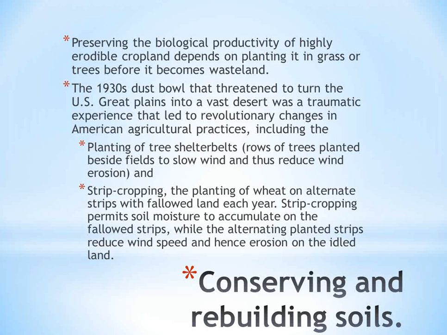The 1930s Dust Bowl that threatened to turn the US Great Plains into a vast desert was a traumatic experience that led to revolutionary changes in American agricultural practices, including the planting of tree shelter belts, rows of trees planted beside fields to slow wind and thus reduce wind erosion, and strip cropping, the planting of wheat on alternate strips with fallowed land each year. Strip cropping permits soil moisture to accumulate on the fallowed strips, while the alternating planted strips reduce wind speed and hence erosion on the idled land.